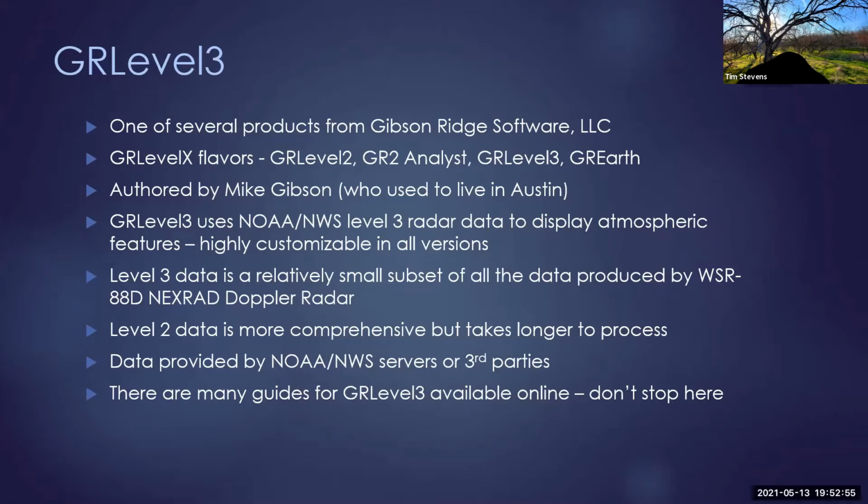The level 3 data is a relatively small subset of all the data that comes from any given radar installation. Level 2 data is a lot more comprehensive. It has many more pieces of information. It gives all the different slices that are coming from the radar site. But level 3 data just takes a sample of that, presents it for much faster processing.